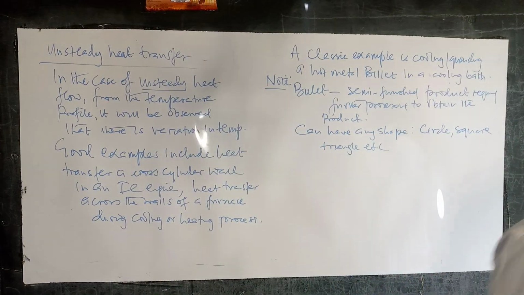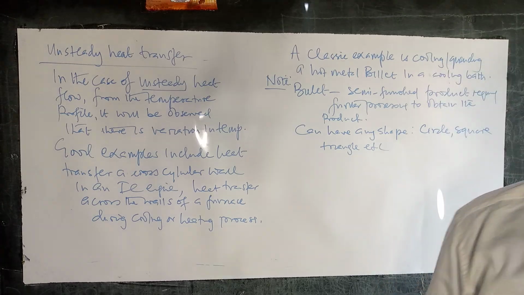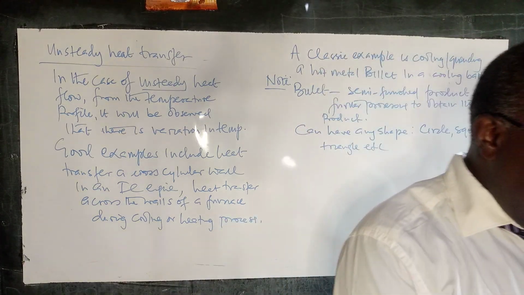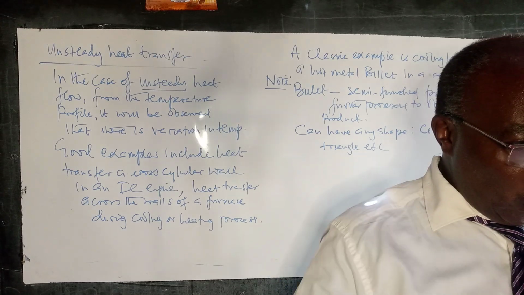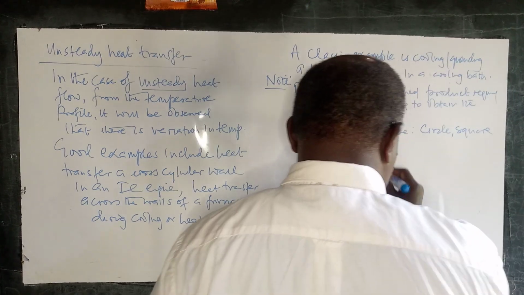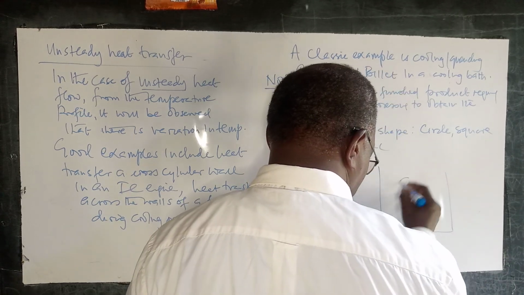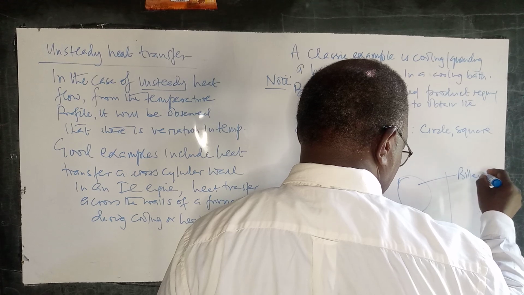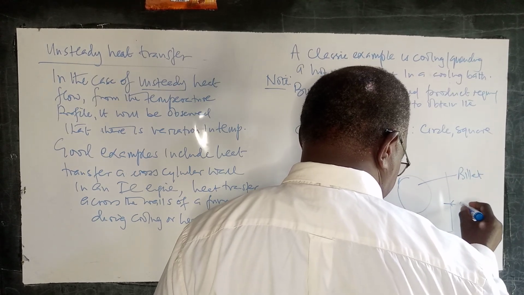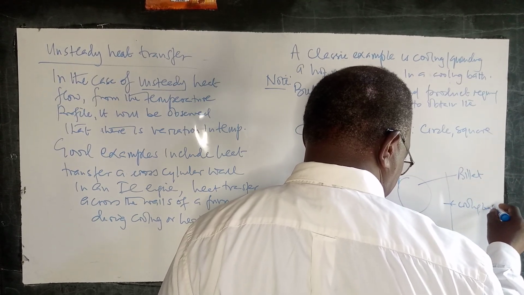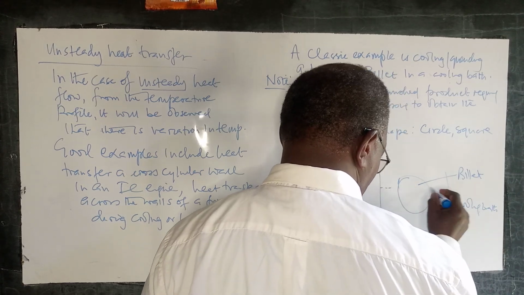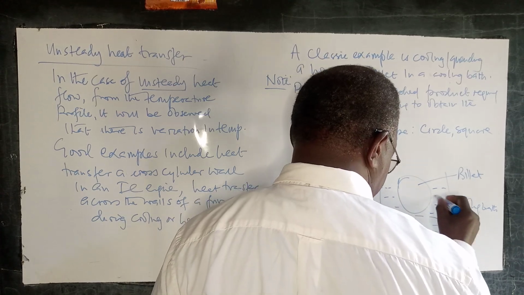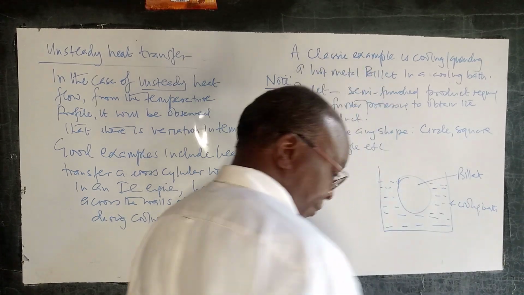And so let us assume certain physical properties for this particular billet. One, we are assuming that when the billet is put in that cooling body, let's say we have the billet here, put it in the cooling body. This is a cooling bath. So we have a coolant, and it can be any coolant, whatever coolant you want.